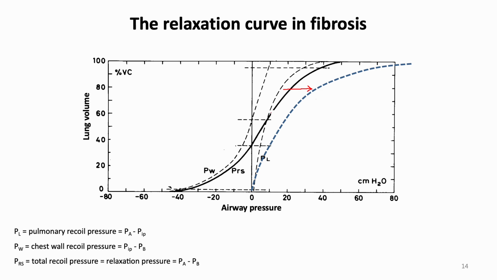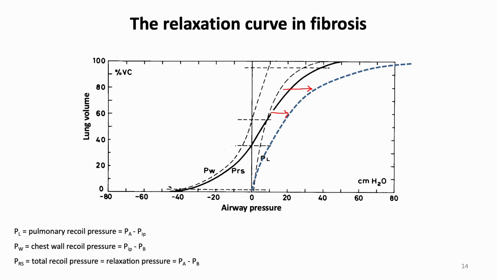And so this curve is shifted to the right over here, because a reduction in compliance is the same as an increase in pulmonary recoil pressure under these circumstances.